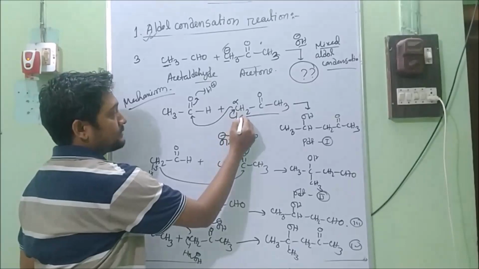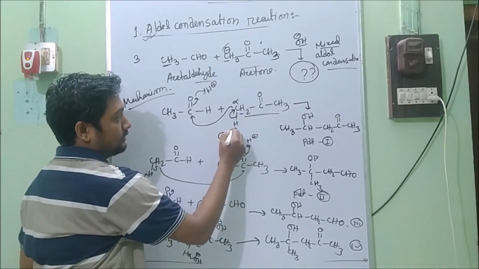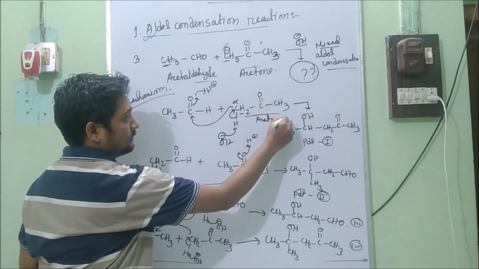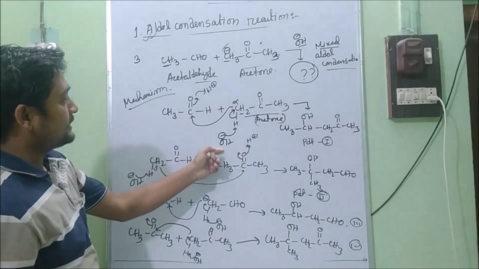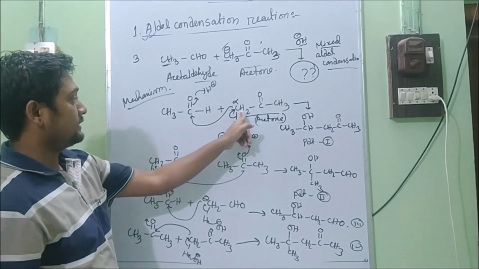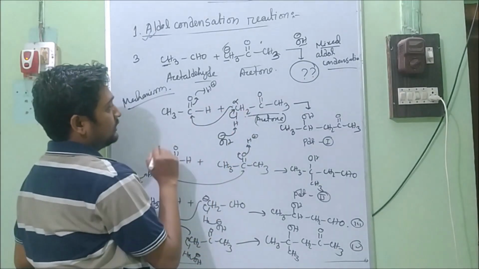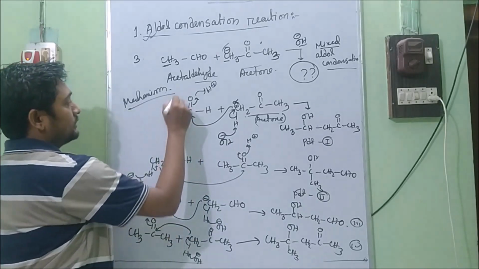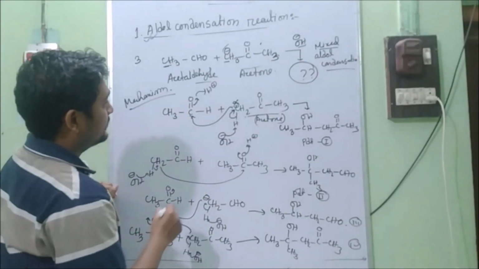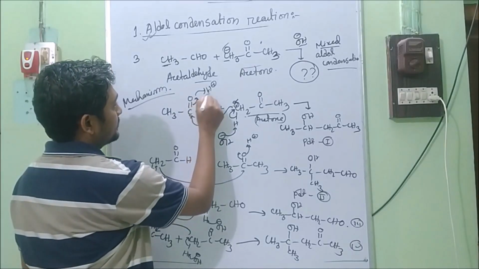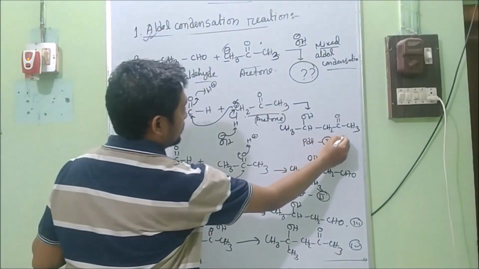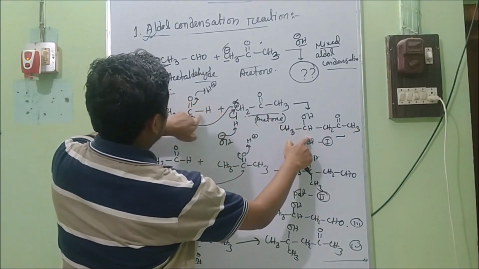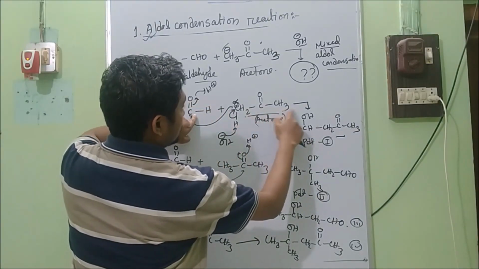So if it takes H plus from this alpha hydrogen of acetone, then this negatively charged carbon will attack the carbonyl group of acetaldehyde. In this case, it will be converted into OH. So here we will get the product CH3 CH, and CH2 will be connected with this one and COCH3.